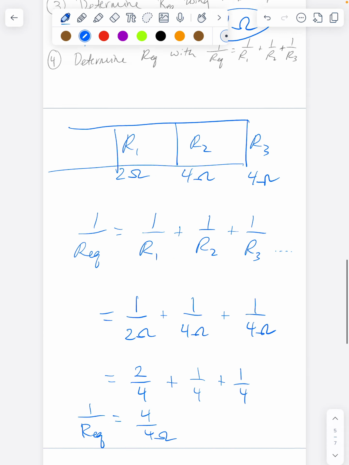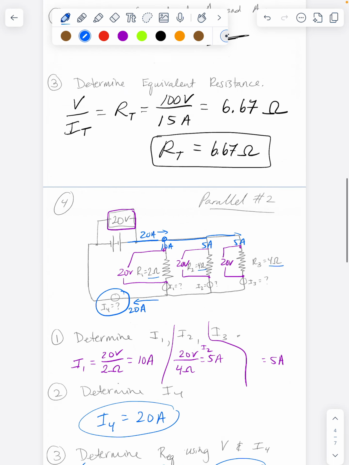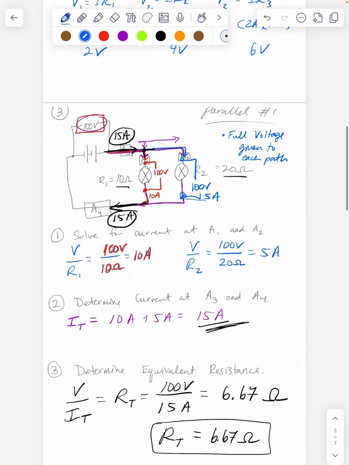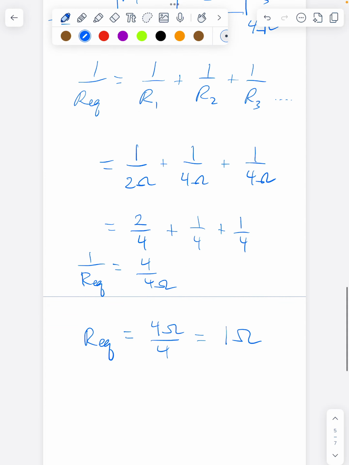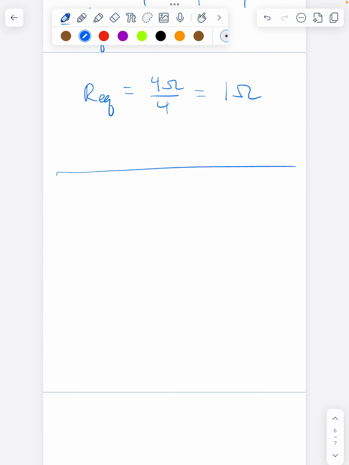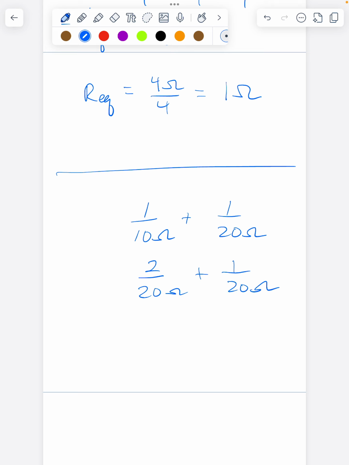We can look at the previous example also to see how that equation works. If I had one resistor that was 10 and one that was 20, so I'm going to try that down here. So I have to do 1 over 10 plus 1 over 20. So common denominator, 1/10 is 2 over 20 plus 1 over 20, which is equal to 3 over 20.